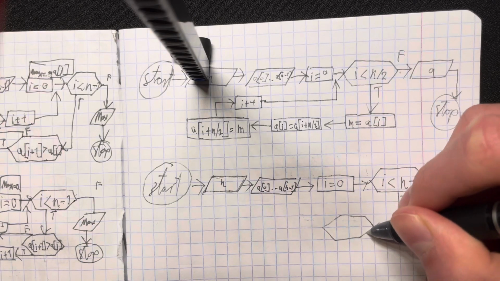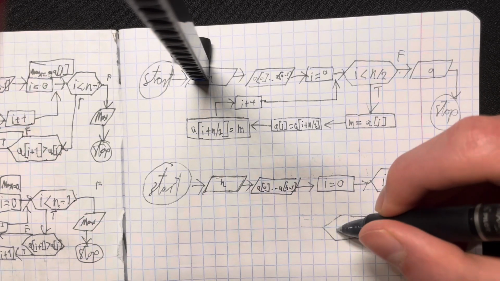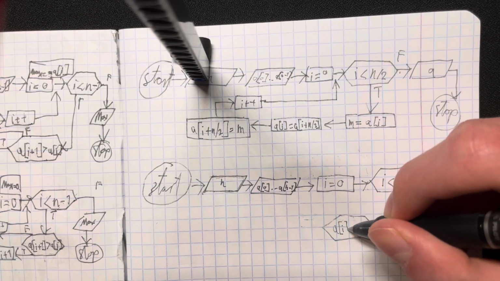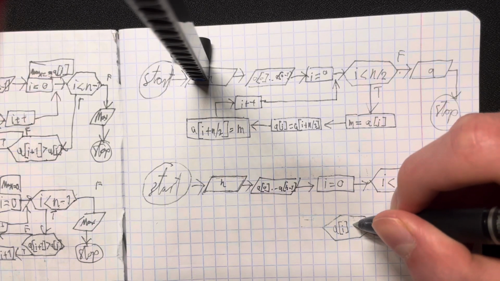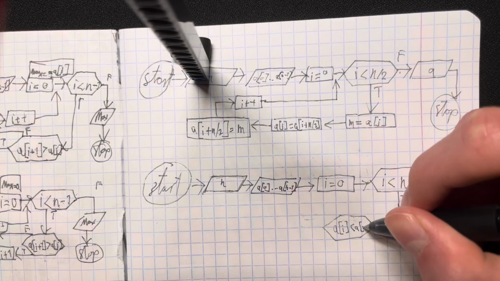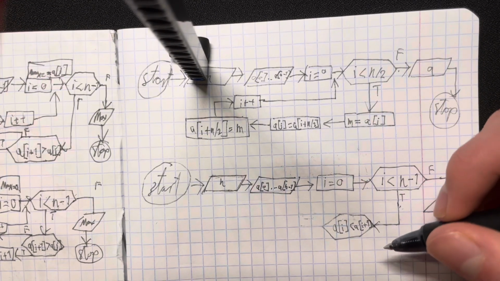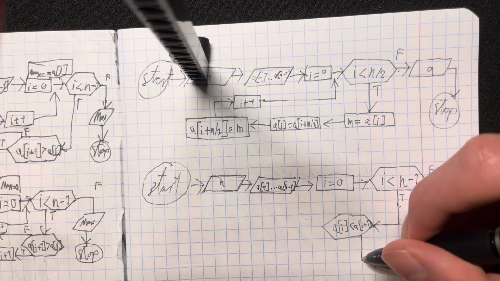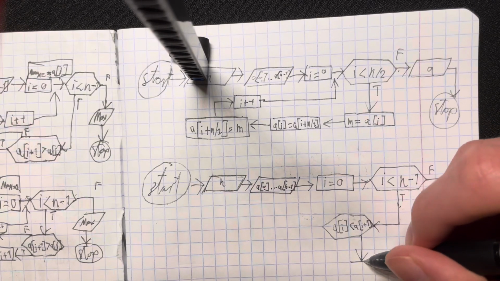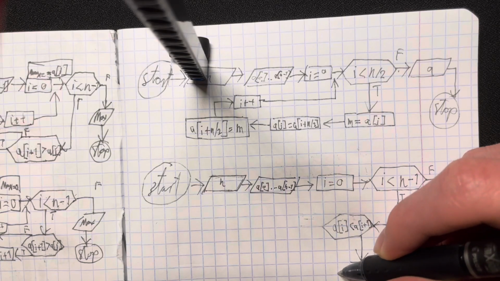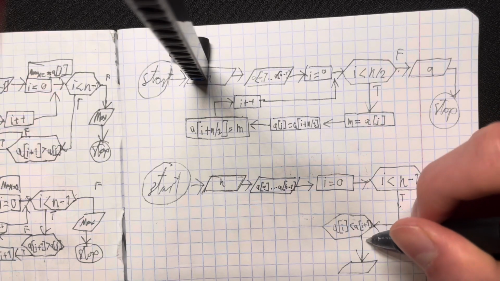We make another condition, because we want to know whether the next digit is actually bigger than the one that we have now. And if it's not bigger, we will already output.